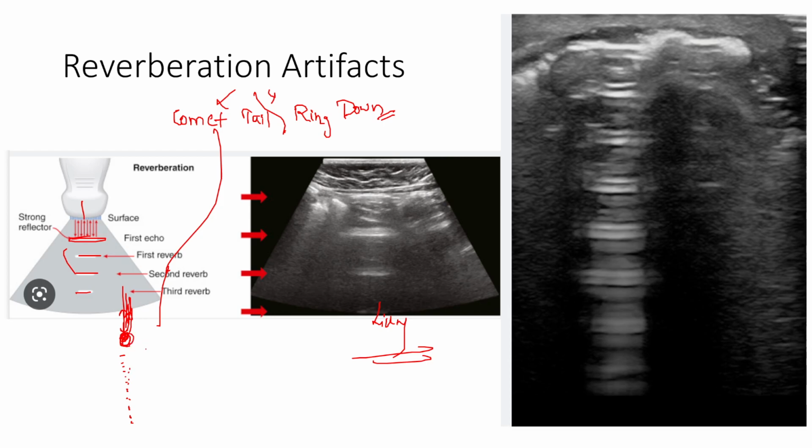Because of bubbles, it is called ring down artifact. Whereas in comet tail artifacts, some metallic or calcified substance will not allow the beam to pass through it and will reflect it. This causes reverberation artifacts, which are called comet tail artifacts.